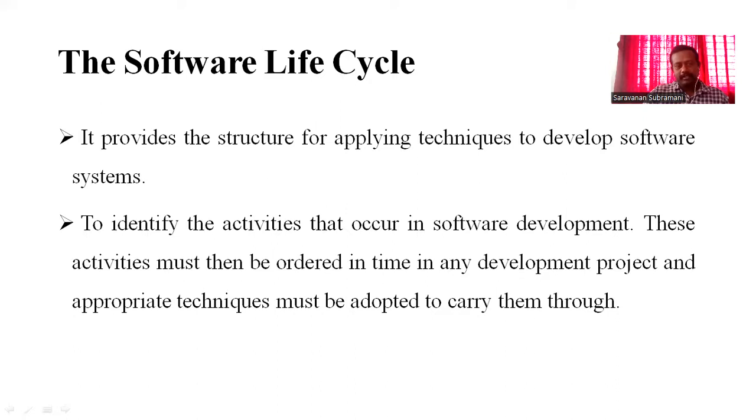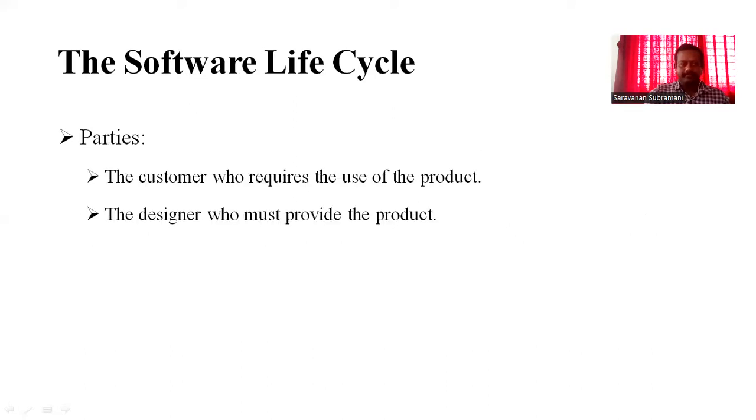The lifecycle identifies the activities that occur in software development. Those activities must be ordered in time in any development project, and appropriate techniques must be adopted to carry them out through the development of the software system.